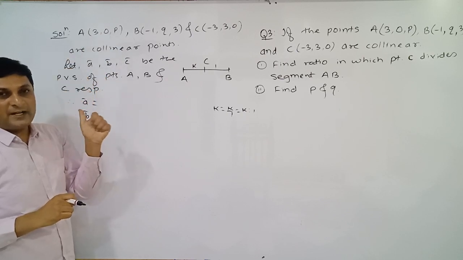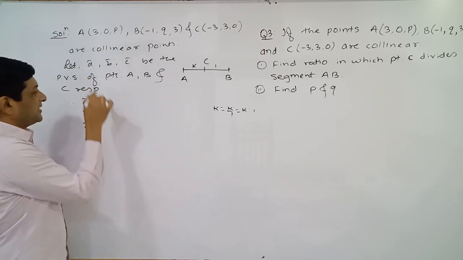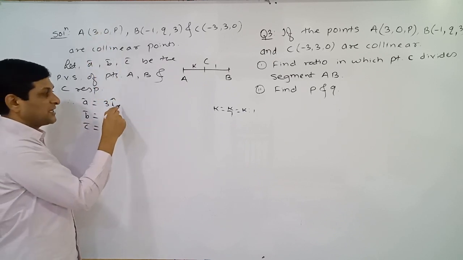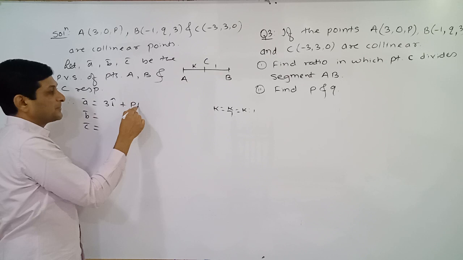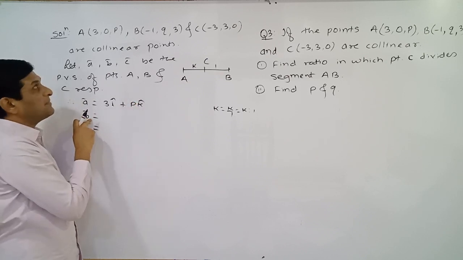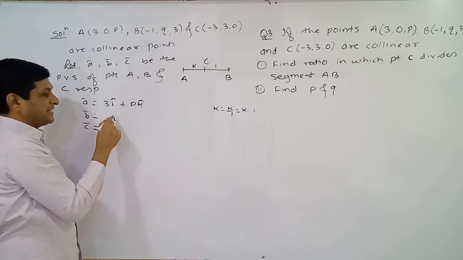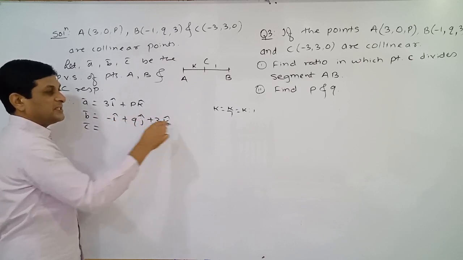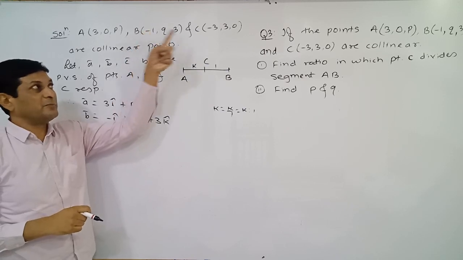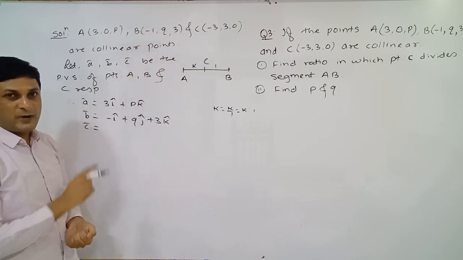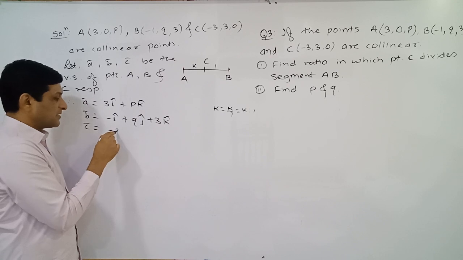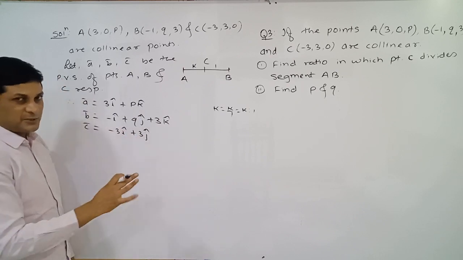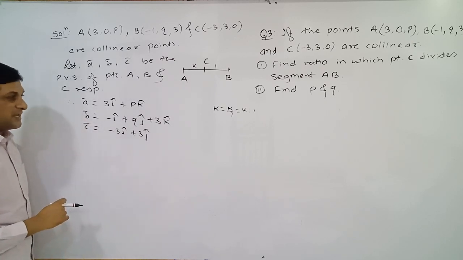From it we get A bar equal to 3i cap plus 0j cap plus pk cap, where it is not necessary to write 0j cap. Then B bar is equal to minus i cap plus qj cap plus 3k cap. This value we have got from the coordinate of point B. Lastly, find the position vector of point C from its coordinate. So here we get minus 3i cap plus 3j cap plus 0k cap. It is not necessary to write 0k cap.